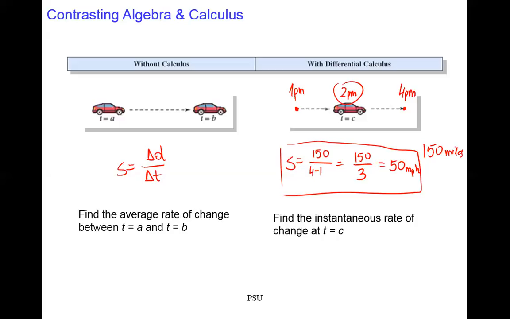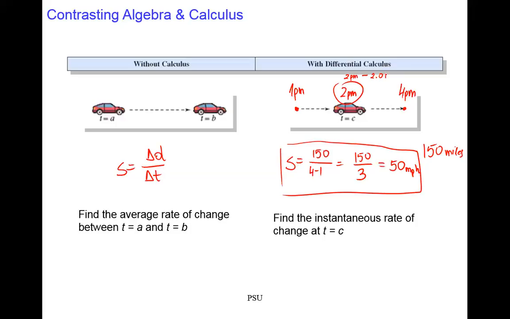It's a similar problem to the tangent line, because what I need is the distance. I will take the time interval, like from 2 p.m. until like 2 and 1 second.